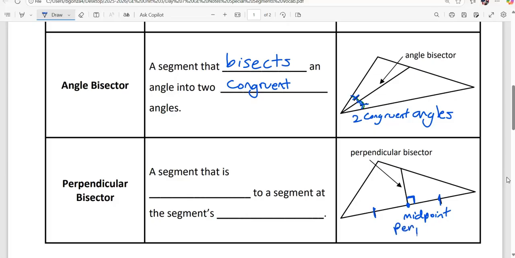So it's at a midpoint, and it's perpendicular. A segment that is perpendicular to a segment at the segment's midpoint. Okay, write that down, flip it over.